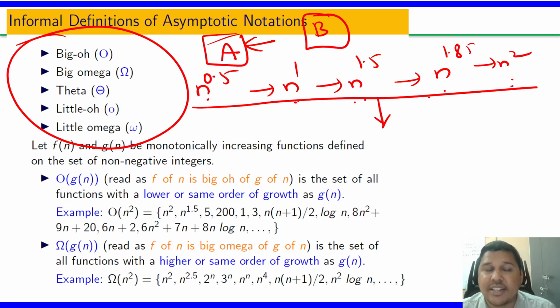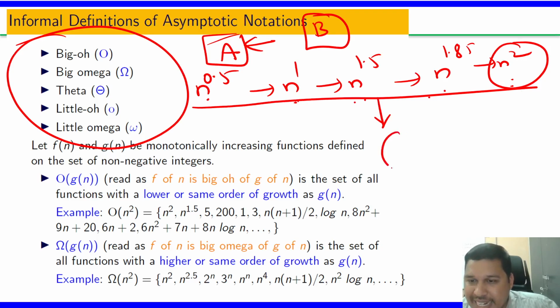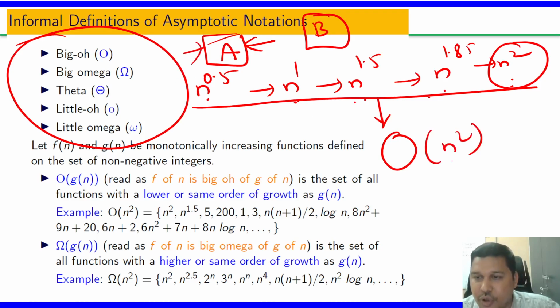But everything has one specific significance. What is that significance? For big O, if you want to generalize this as big O, you have to take whichever is the maximum bound. If you are saying the final order of growth of algorithm A is n square, then you have to write big O of n square.